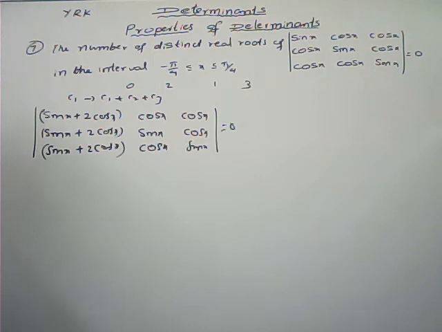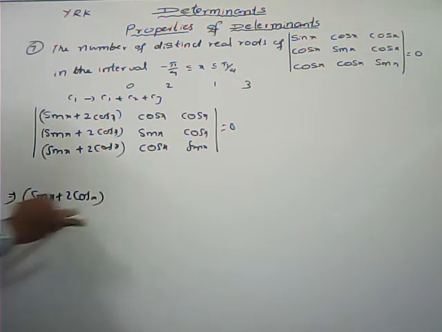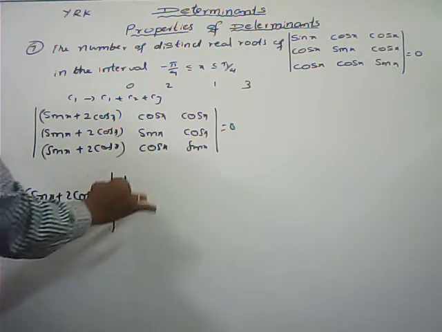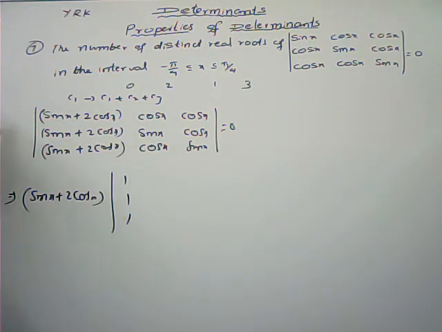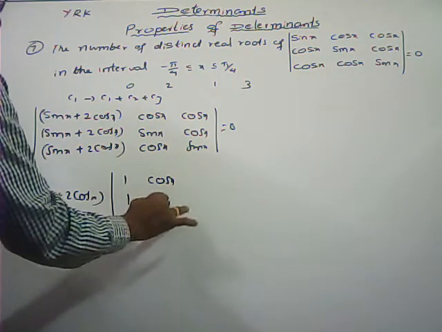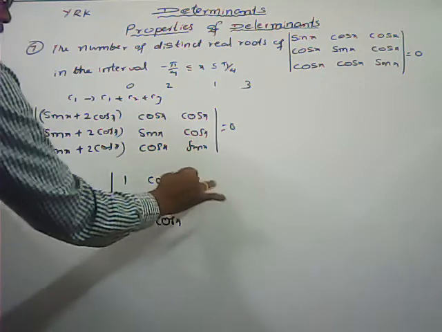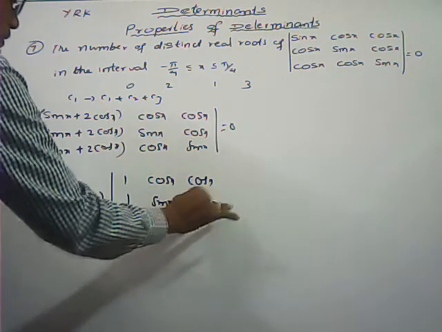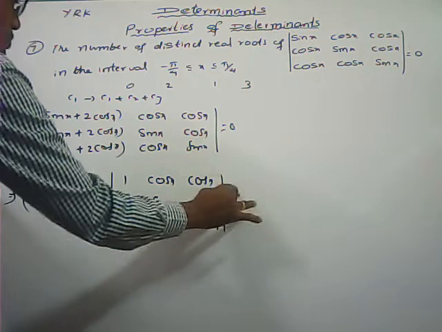So its determinant is equal to sin x plus 2 cos x times the determinant of 1, 1, 1. Here I have taken the column common only. We can take column-wise or row-wise only. Overall we can't take that one. Cos x, sin x, cos x, cos x, cos x, sin x, that is equal to 0.